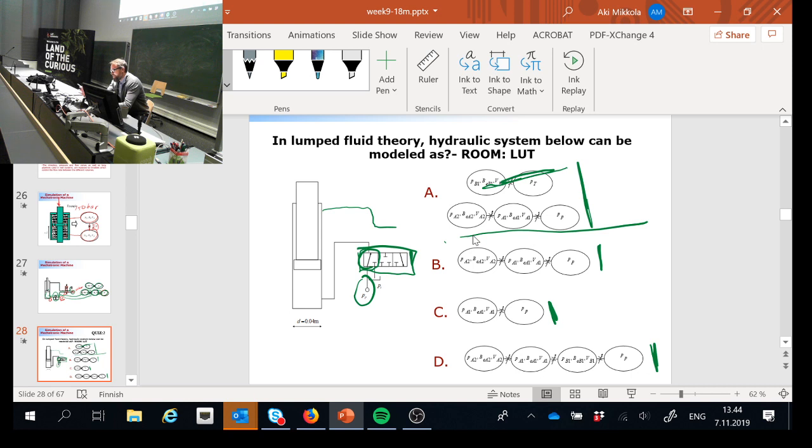So this is a bit ridiculous. Anyway, we have a pressure source in each one of these options. Now it's just a matter of which of these options can be modeled this way. You got it?